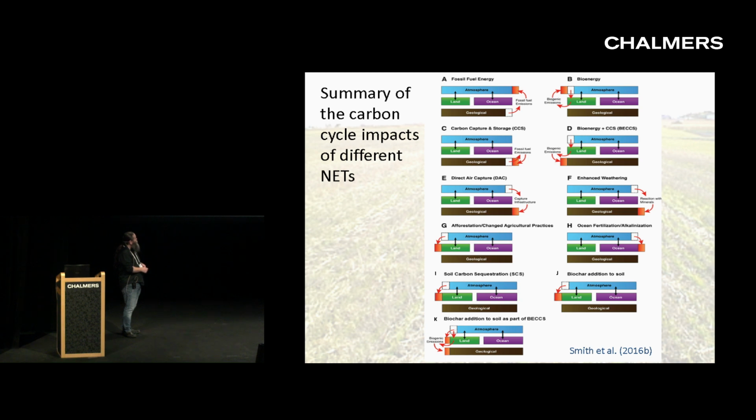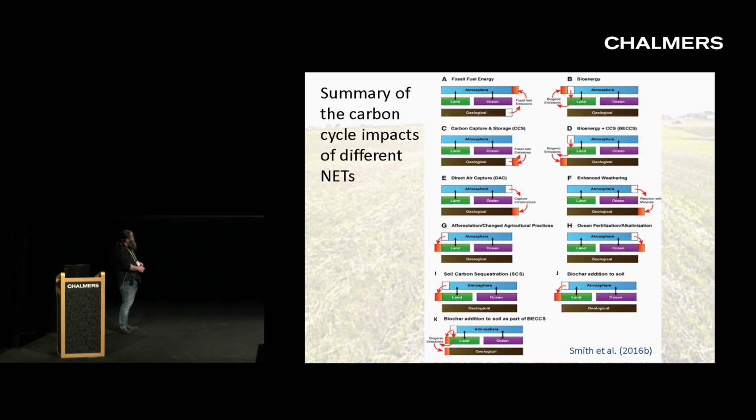Direct air capture, which Jen's just talked about, is taking carbon from the atmosphere and putting it back into geological storage. Enhanced weathering is doing a similar thing by reacting minerals that naturally react with CO2 and putting that into geological storage.